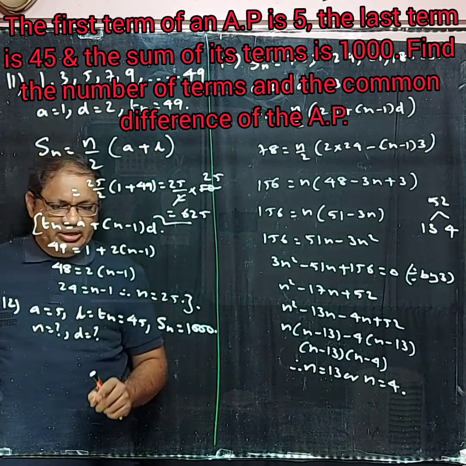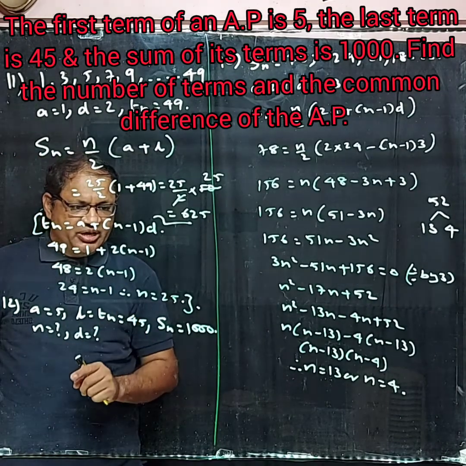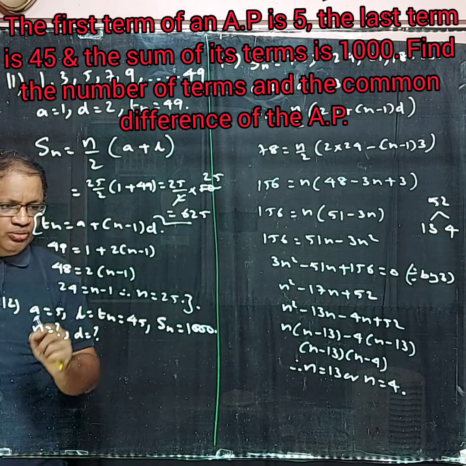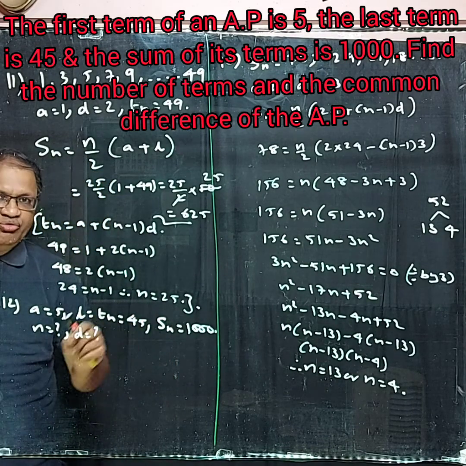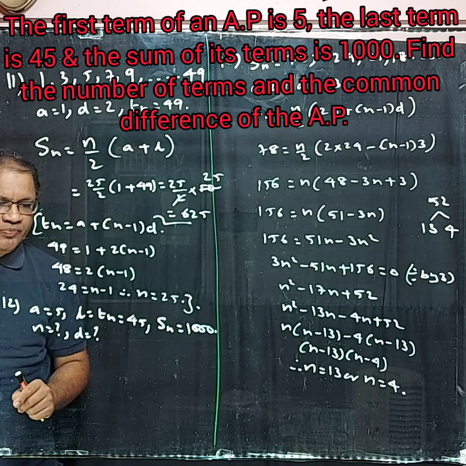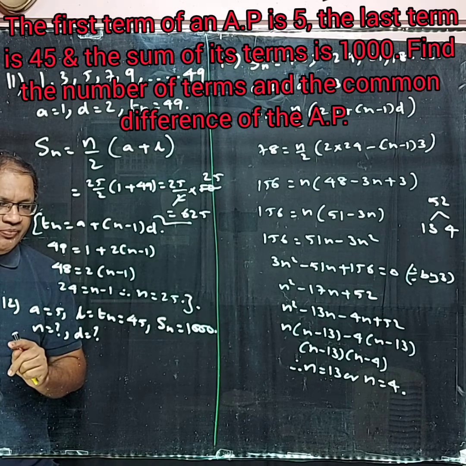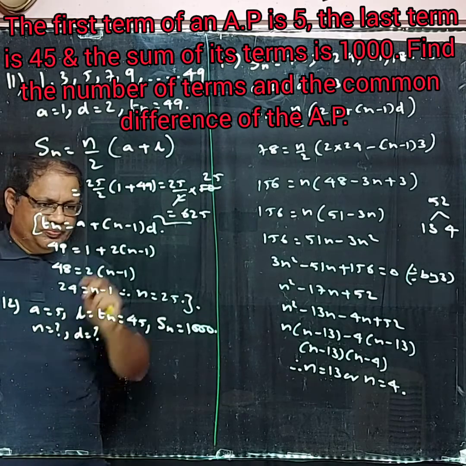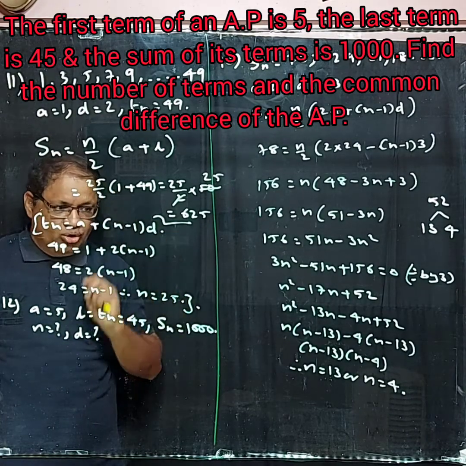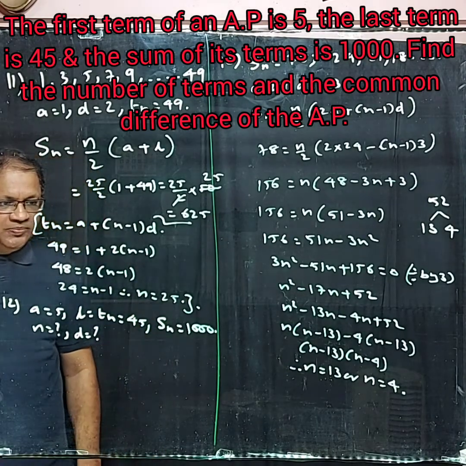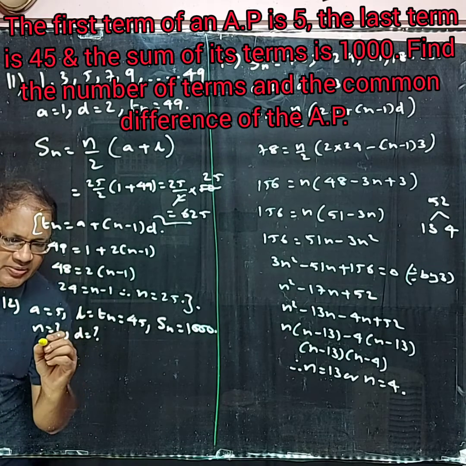So we've got Tn. With the help of that we can find out n. So let's try it. So use Tn, and then of course we have to use the Sn formula also. So let's see if with the help of Tn we get n or not. Okay, we don't have the difference also. So let's use the Sn formula.